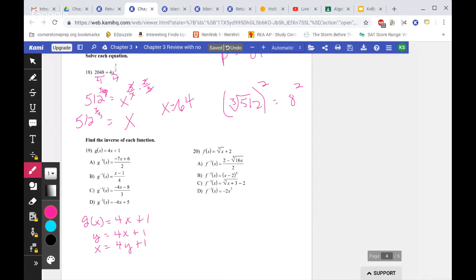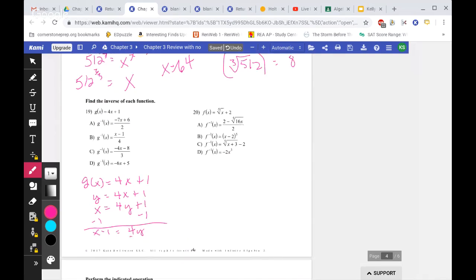Now I'm going to begin that whole process of working PEMDAS in reverse, but I'm solving for y. I'm trying to get y all by itself. So I'm looking, is there any adding and subtracting going on? There is. So I'm going to subtract 1 from both sides, and I have x minus 1 equals 4y. And now I'm moving to multiplication and division, so I'm going to divide both sides by 4.